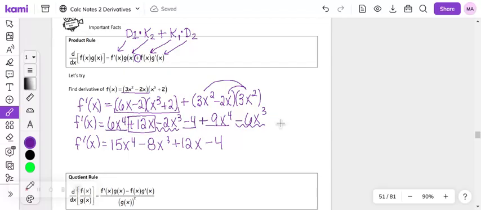Okay? So again, had we left it like this, that's called setup form. Okay, here it's been simplified. But the rule, remember, derive the first times the second plus keep the first times the derivative of the second expression.